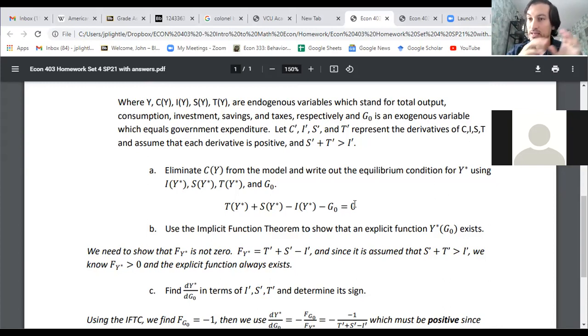If you get the right answer, I'll probably give you full credit anyway, even if you did write some noisy stuff on your paper. But if you didn't get the right answer, now I'm looking at how much partial credit I should give you.